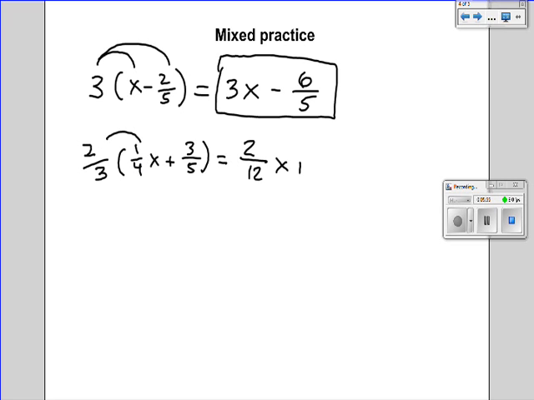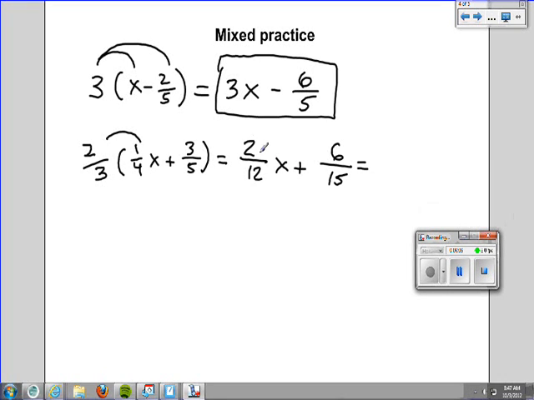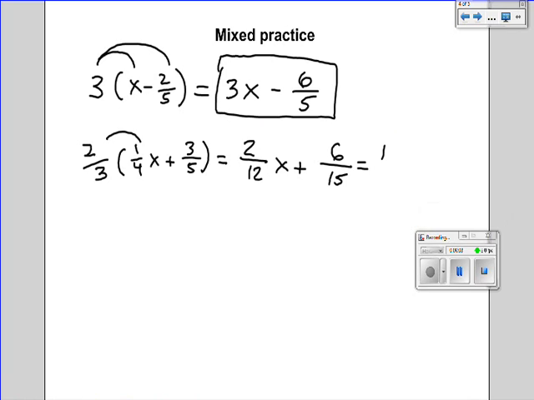And then x plus 2 times 3 is 6. 3 times 5 is 15. We also know, however, that 2 over 12 reduces. 2 goes into 12 once. 2 goes into 12 6 times. So 1/6 x plus, let's see, this also reduces. 3 goes into both these numbers. 3 goes into 6 twice. Over 5 would be your final answer.